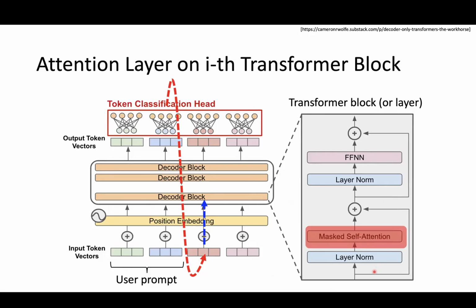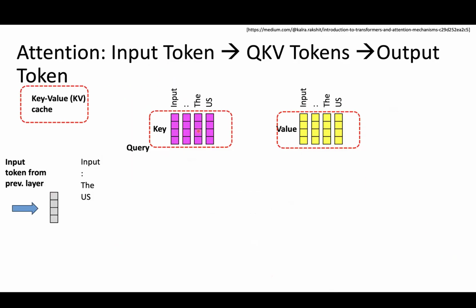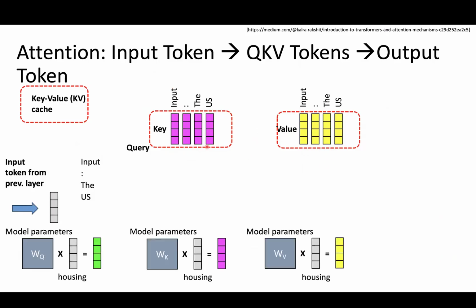But in each transformer block, the input vector goes through the attention layer to obtain the output vector. Inside the attention layer, we use the KV cache, which holds the results of previous vectors. For the current input token vector, we calculate query, key, and value vectors.